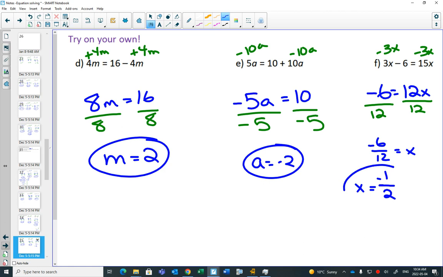So in the last one there, you get negative 6 over 12. That can be reduced to the lowest terms to negative 1/2.